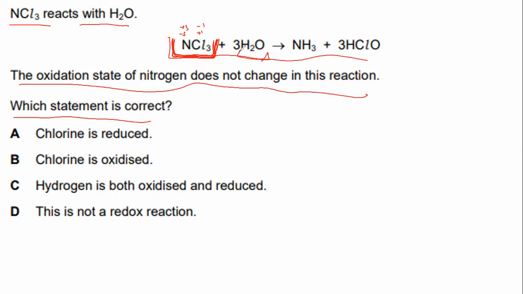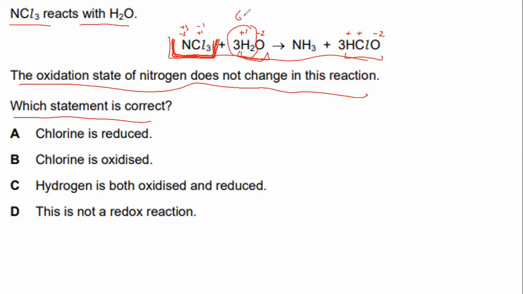Hydrogens are +1, and oxygen here is -2. Right. And if we talk about this compound, hydrogen is +1 and the chlorine, guys, will be +1 as well, and oxygen -2. Okay, so in this scenario, all hydrogens here are +1.